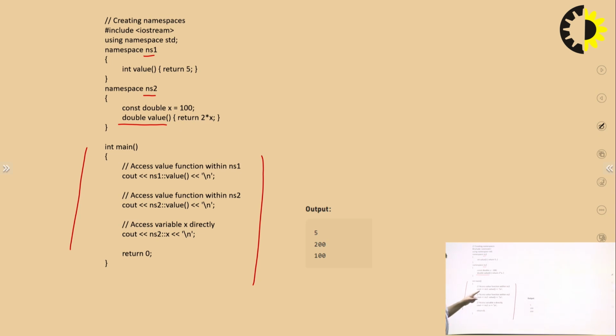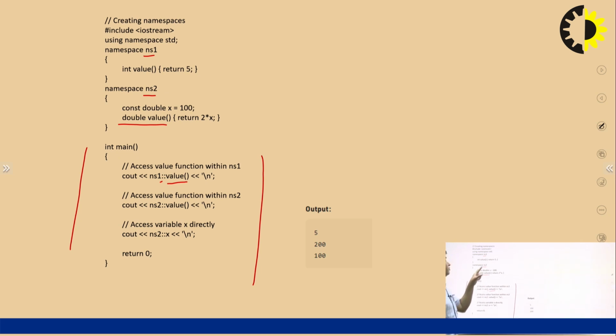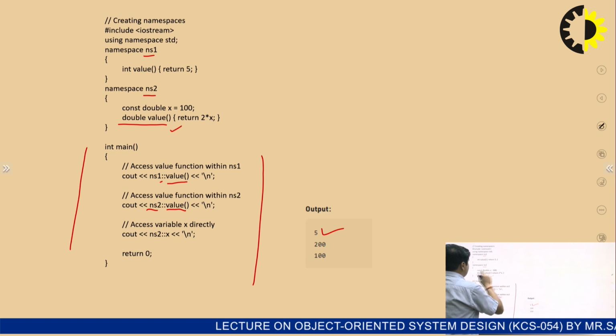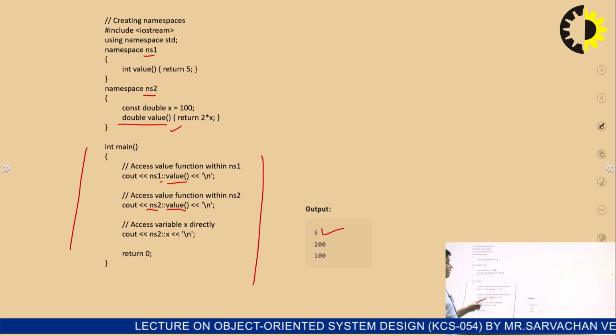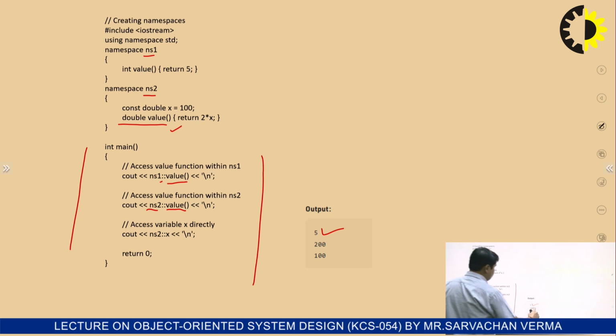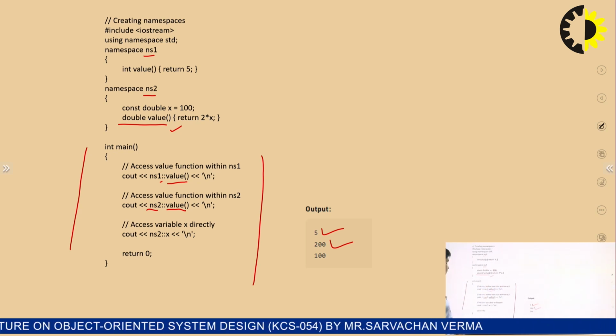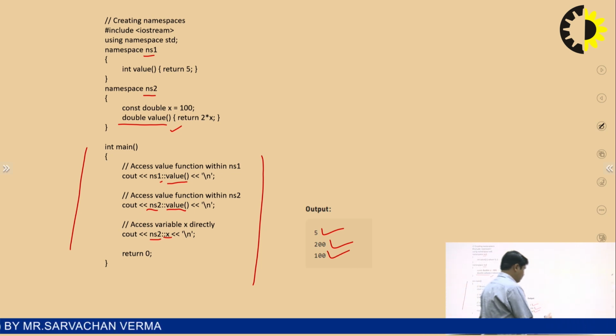Here I am calling the function of namespace ns1. Immediately I will get 5. After that, I am calling the function of environment ns2. Similarly, immediately we will get 100 into 2, that is 200. Finally I am going to access the variable x of which environment? ns2. I will get 100.